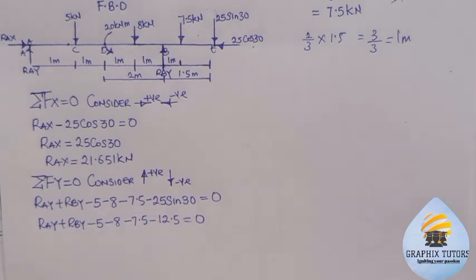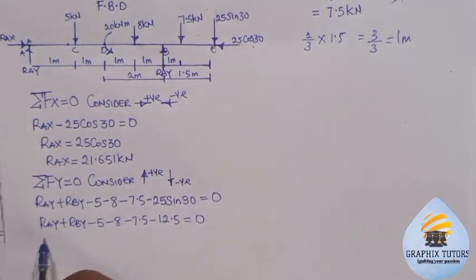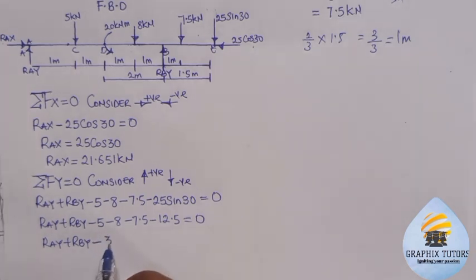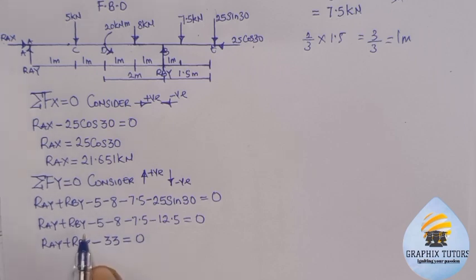So when you add everything here, you will have AY plus BY minus 33 equals 0, because 7.5 plus 12.5 will give us 20, right?